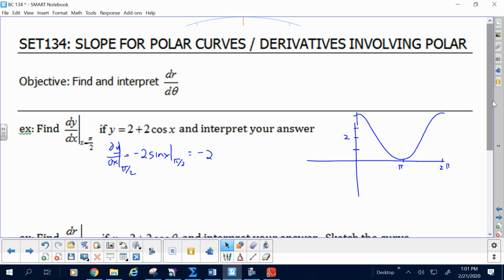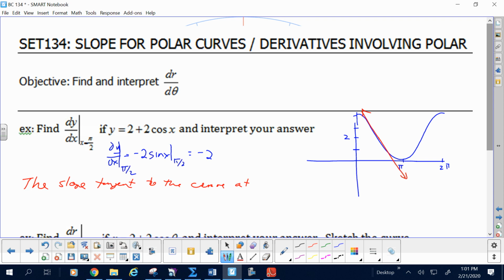And so if we are to graphically show the meaning of our answer, dy dx of pi over 2 is the slope to the curve, right? The tangent slope. So we could say the slope tangent to the curve at pi over 2 is -2.